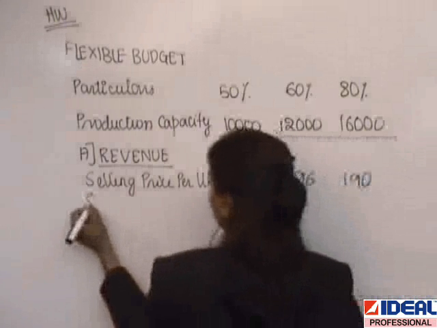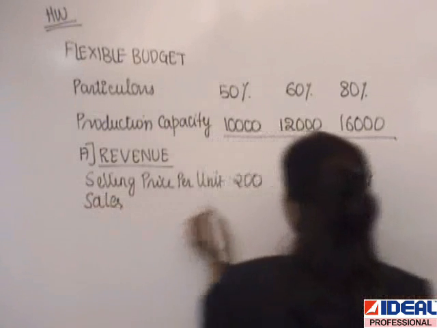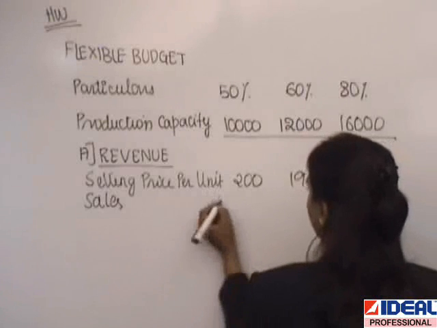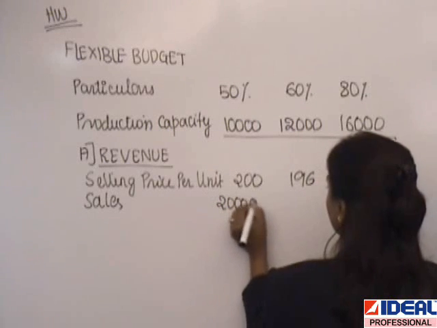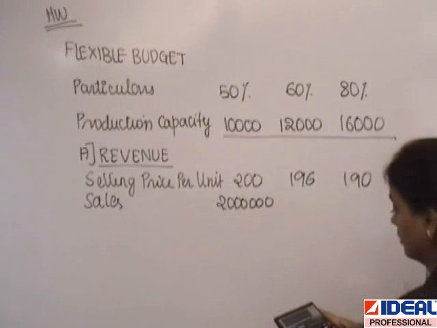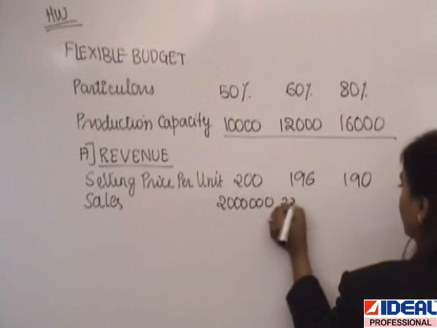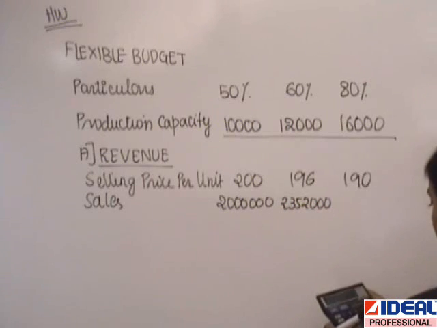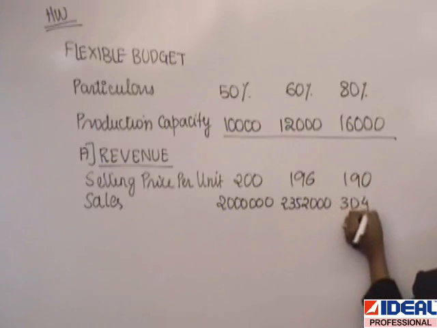So sales will be 10,000 into 200, that is 20 lakhs. Then 196 into 12,000, 23 lakhs 52,000. 16,000 into 190, 30 lakhs 40,000.